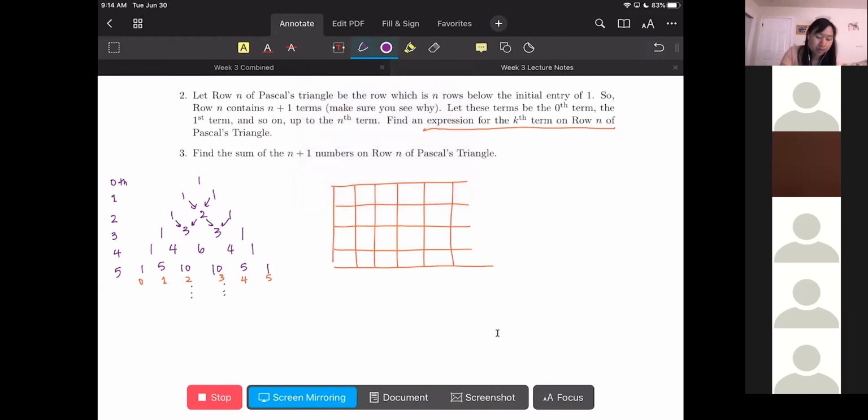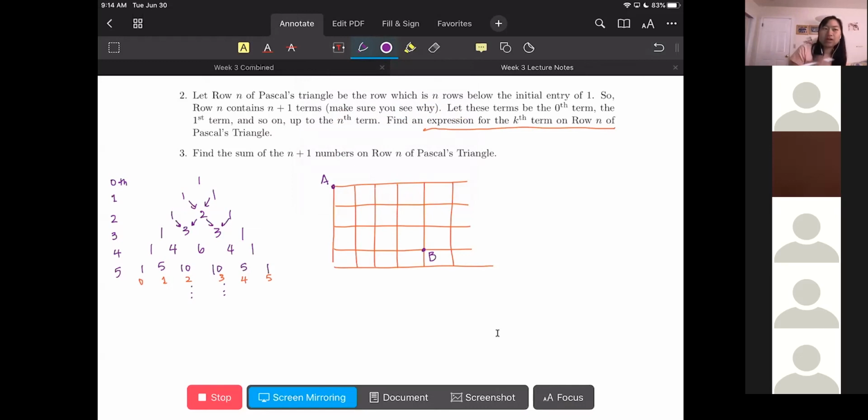So let's say we want to get from point A to point, let's call this B. And we want to count how many ways there are to go from A to B. And let's say we can only move east and south. So we don't want to go in circles or go backwards.